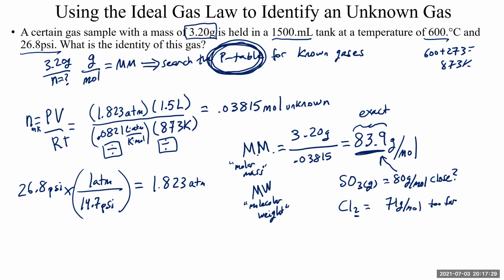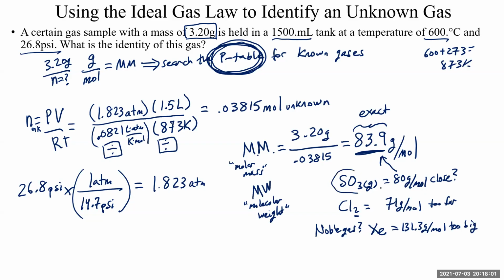Let's consider some other gases. How about single atomic gases? A good place to look might be the noble gases. In fact, let's look at a heavy one like xenon. 131.3 grams per mole, that's a little too much. Too big. I feel like Goldilocks. Some are too big, some are too small.